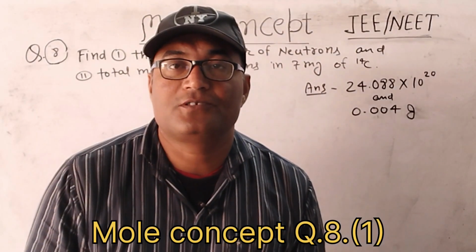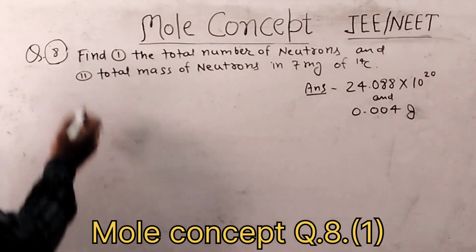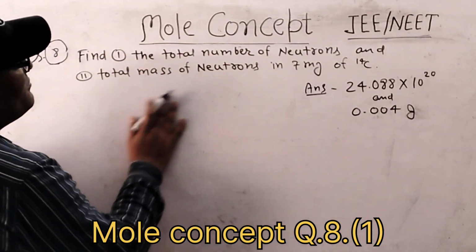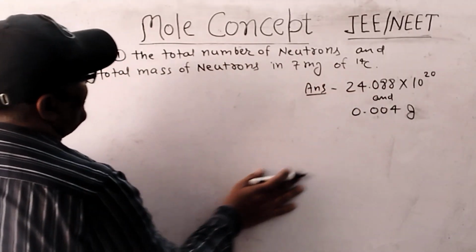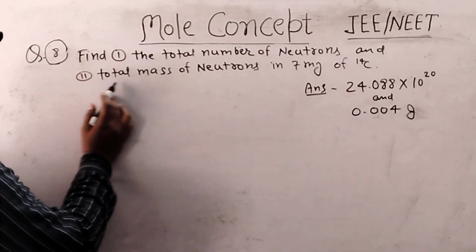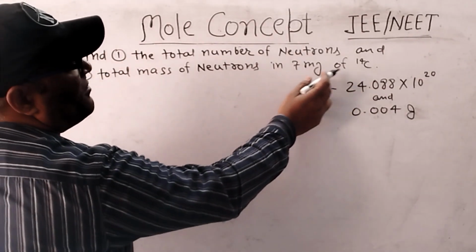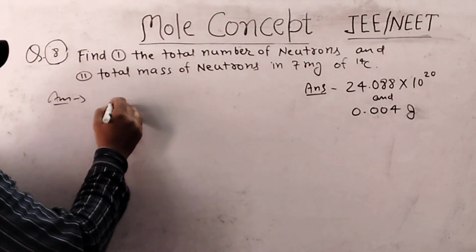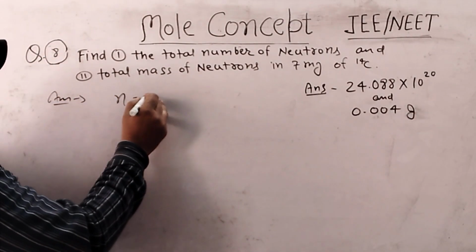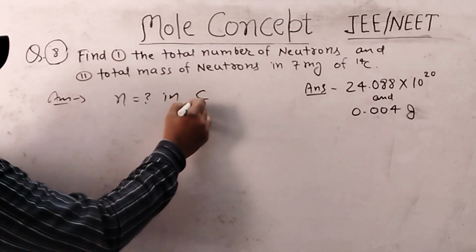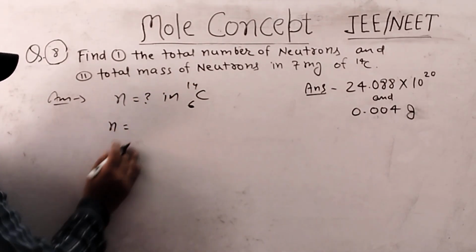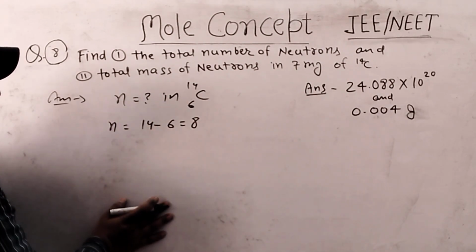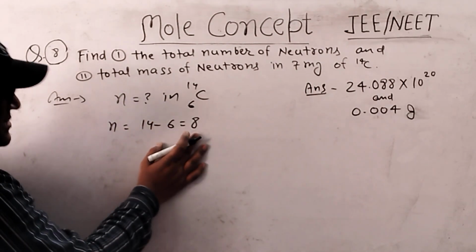Now the next question is question number 8. According to question number 8, find the total number of neutrons in 7 milligram of carbon 14. According to this question, the total mass is 7 milligram of carbon 14. Now what is the number of neutrons in carbon 14? Neutrons are 14 minus 6, which is equal to 8 in carbon 14. So here neutrons are 8.